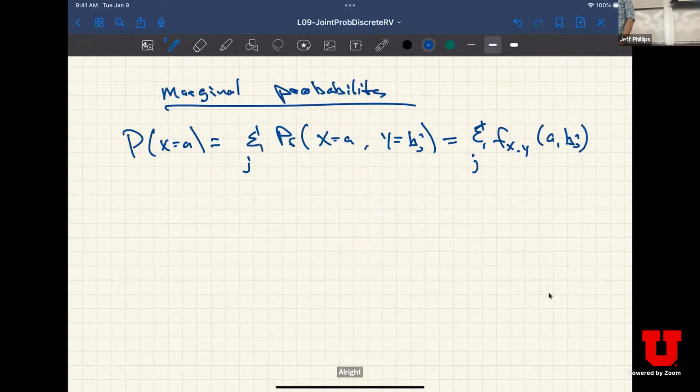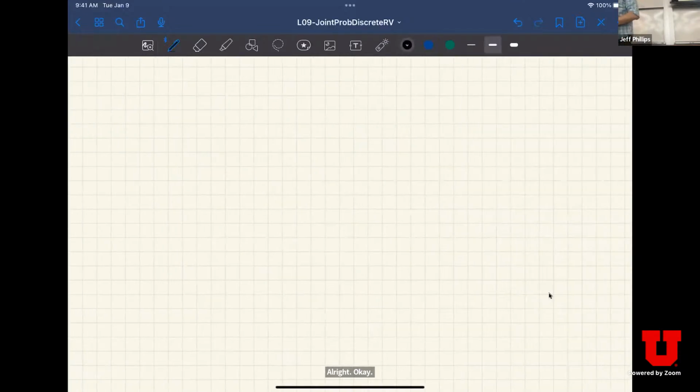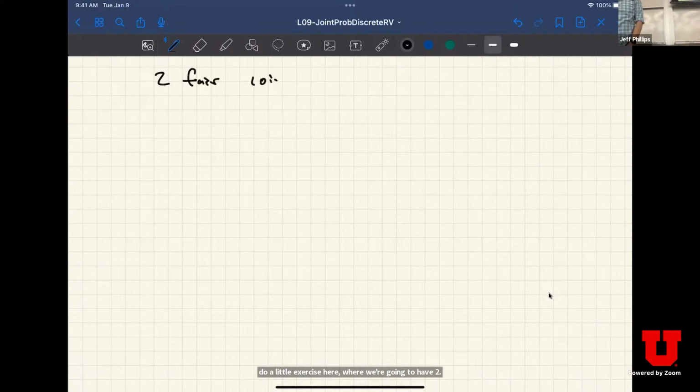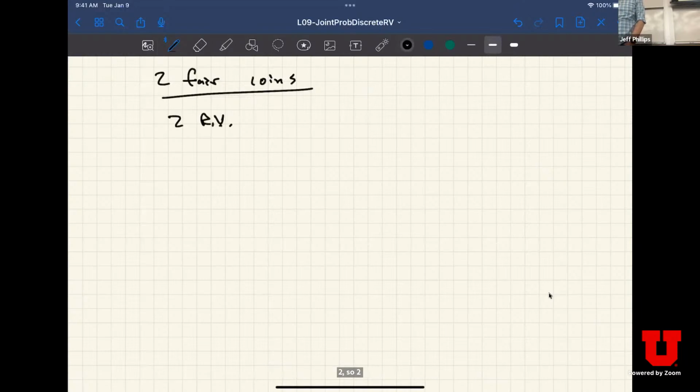Okay, so let's do a quick exercise. I think we're doing good on time. I'm going to have two fair coins, and two random variables. The first one is H, the number of heads.